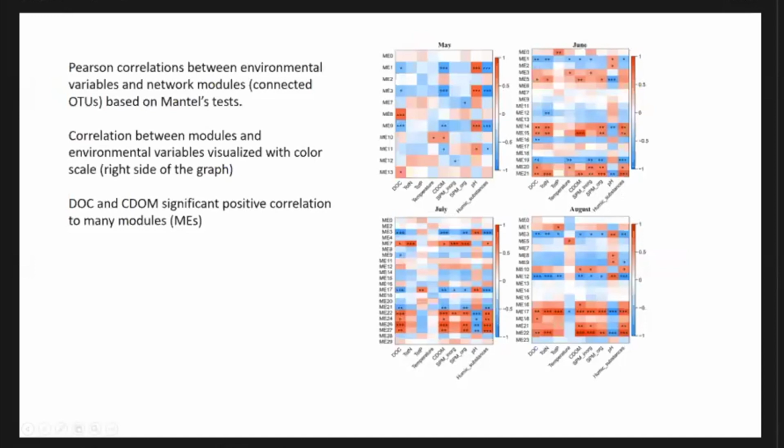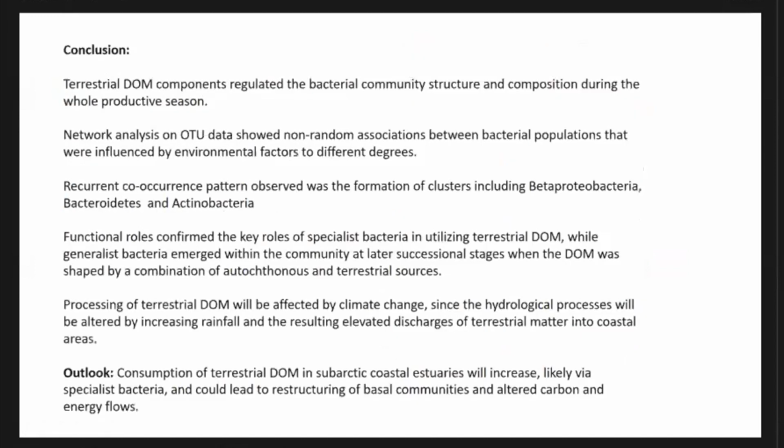So we think this is something that affects the community structure. My conclusion is that the terrestrial DOM, dissolved organic matter compounds, regulates the bacterial community during the whole productive season.